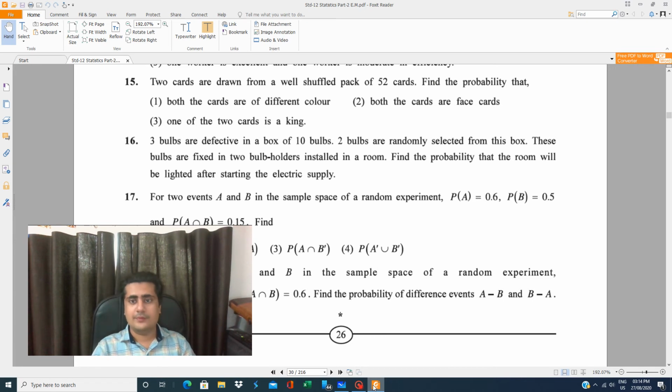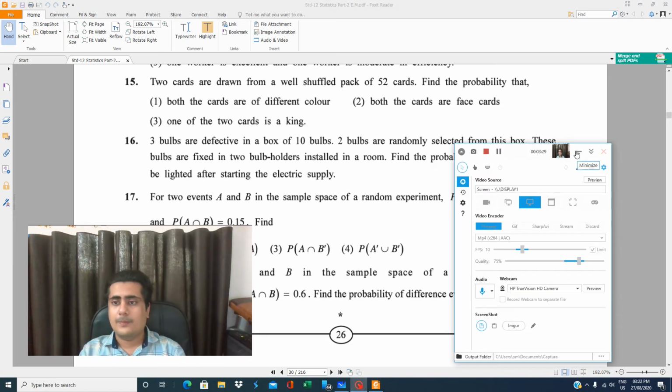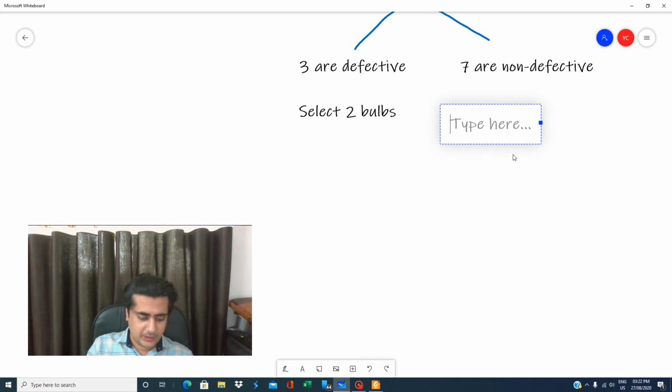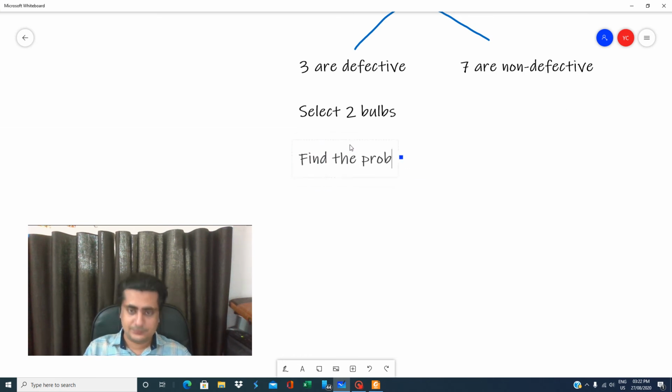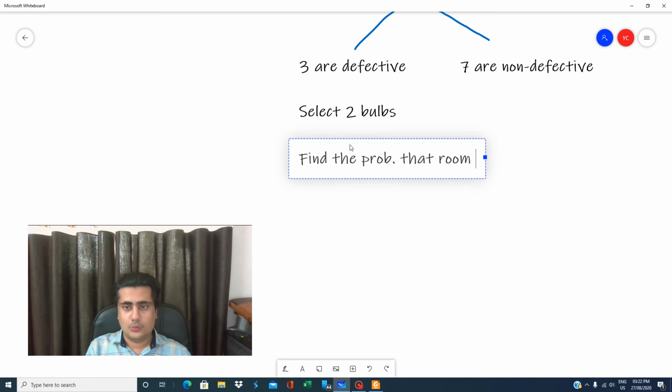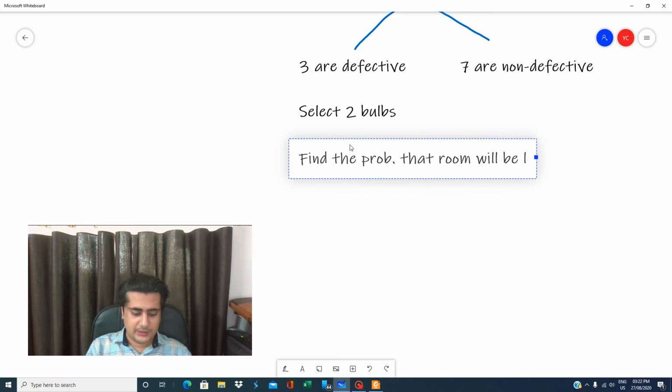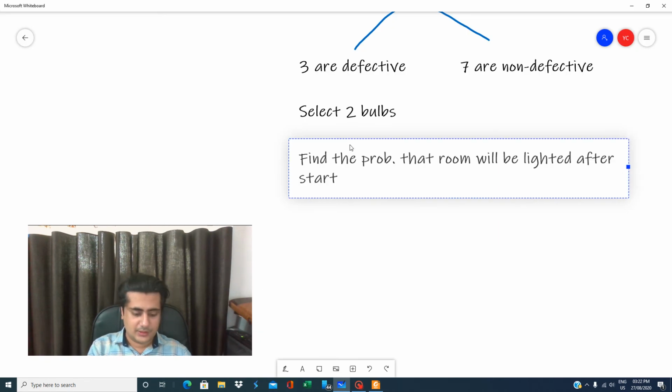You have to find the probability that the room will be lighted after starting the electricity supply.